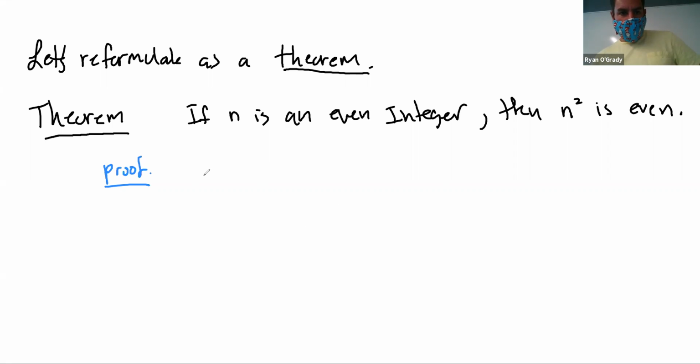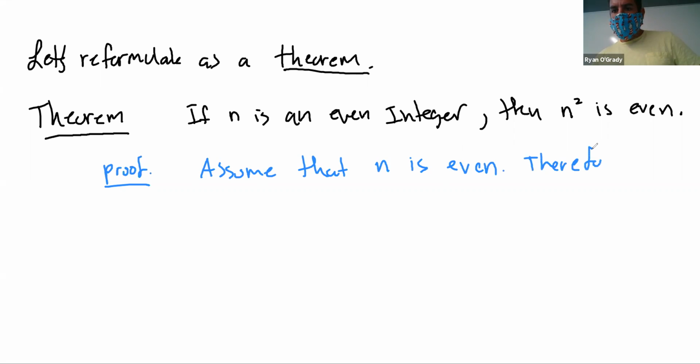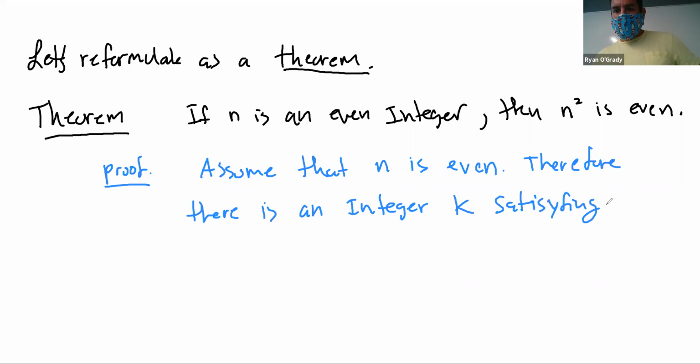So let's assume that n is even. Therefore, there is an integer k such that n equals 2 times k.